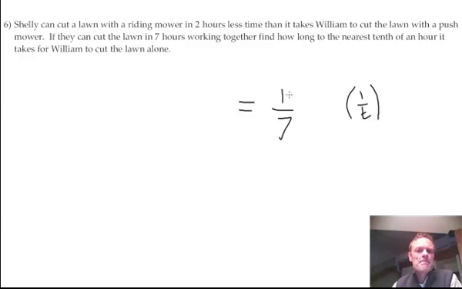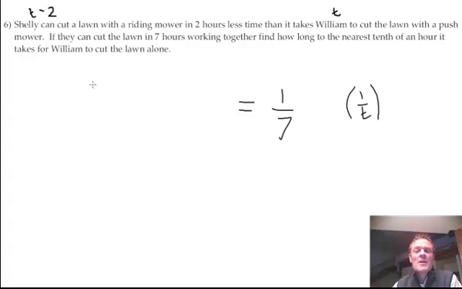Now, William, Shelley can do it in 2 hours less. So supposing I say this. If William can do it in t hours, I'll put a t there. Shelley can do it in 2 hours less, so Shelley is going to do it in t minus 2.